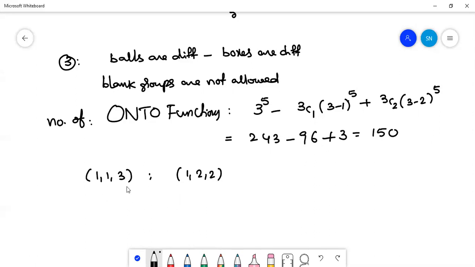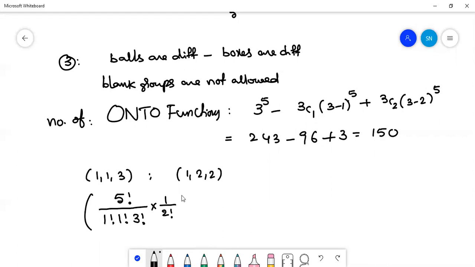So first let us make them into the groups. So division into groups: 5 factorial by the number of objects in first group 1 factorial, second group 1 factorial, third group 3 factorial. As we know, there are 2 groups which have an equal number of objects, so we need to write 1 over 2 factorial.